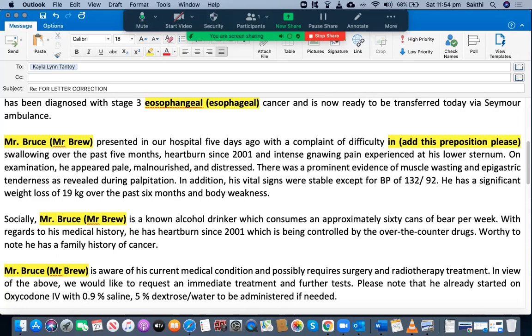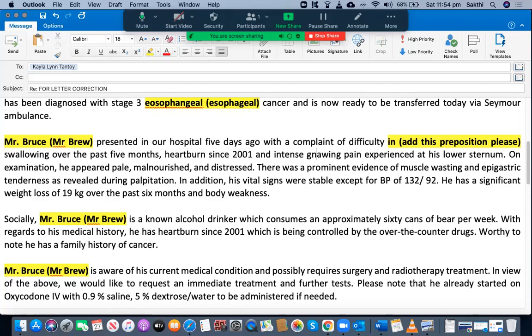The problem with this is that with heartburn, you don't need to use this duration here. You can simply mention that he presented at our hospital 5 days ago with the complaint of difficulty in swallowing over the past 5 months.